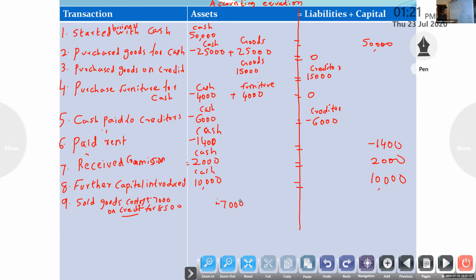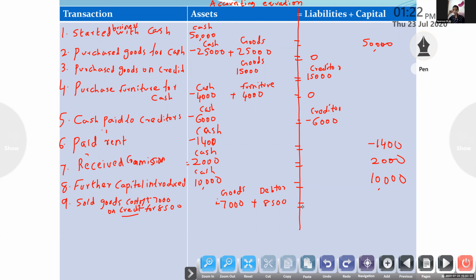Minus 7,000, that is goods. Then on credit, who is that person? Creditor or debtor? Asset or liability? You sold goods, so asset. So debtor, plus 8,500.